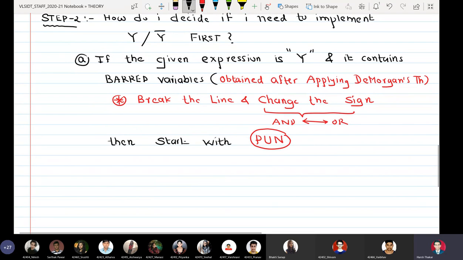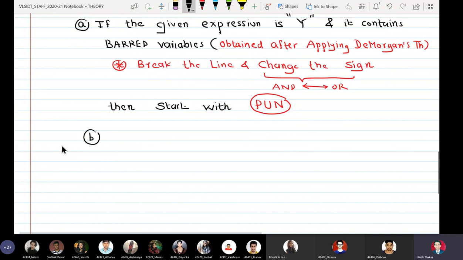So we have another opposite rule to this.